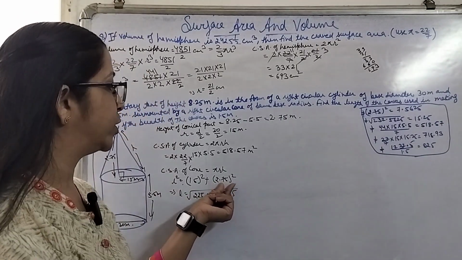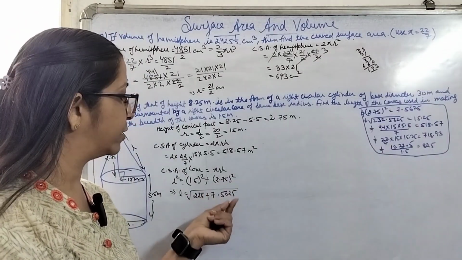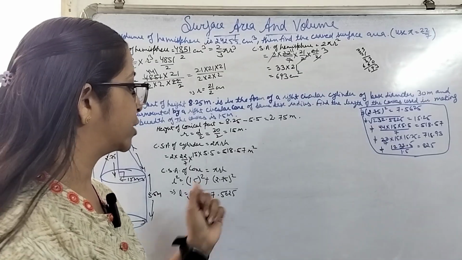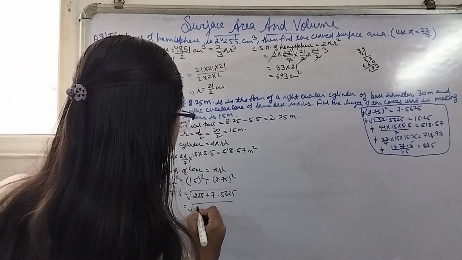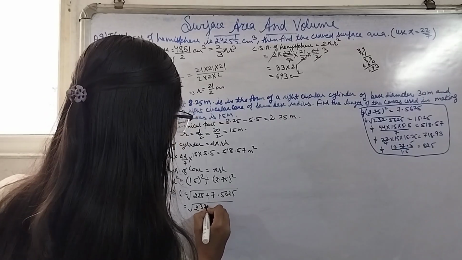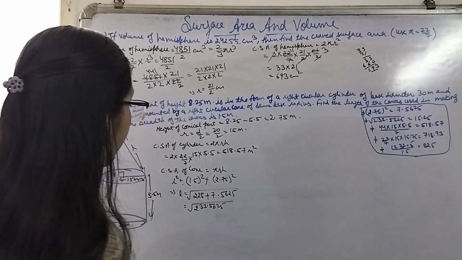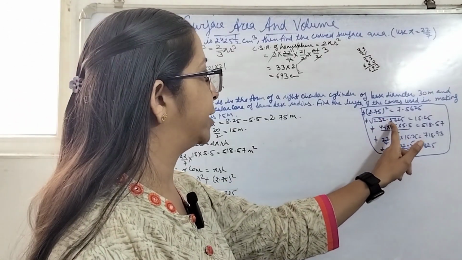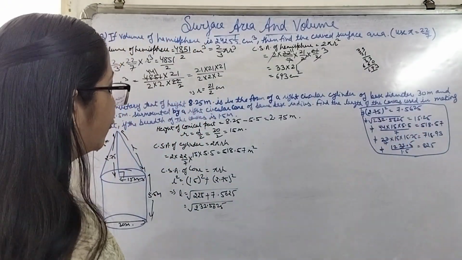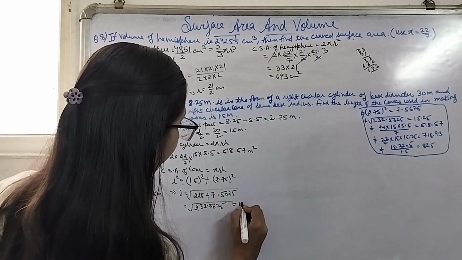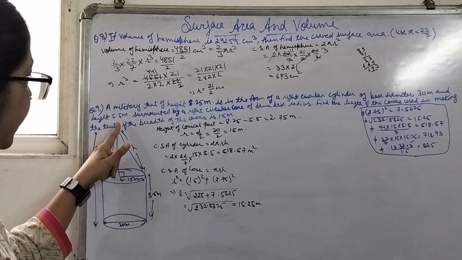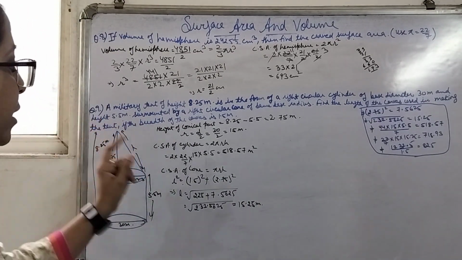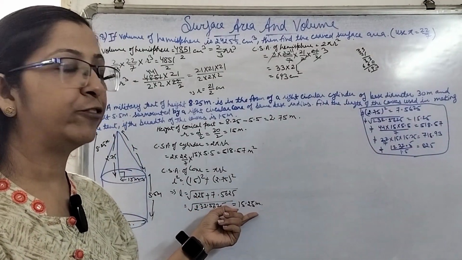If we add these two, it will be 232.5625. And the square root of 232.5625 is 15.25 meters. This is the slant height of this conical part, 15.25 meters.